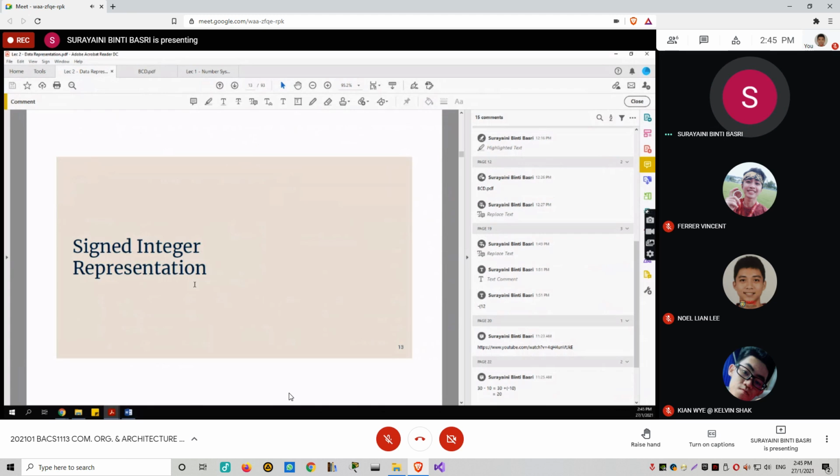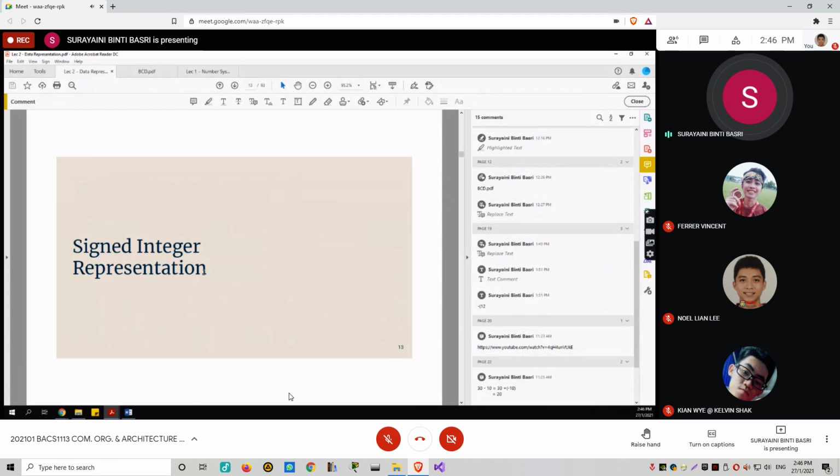Okay, so like I said previously, there are three methods of converting or representing the signed integer into a computer-understandable integer.